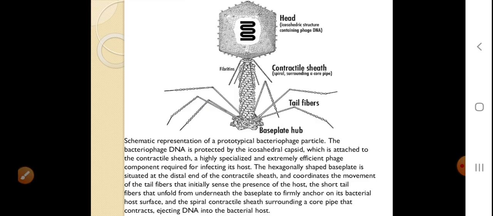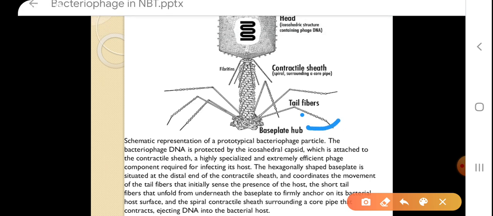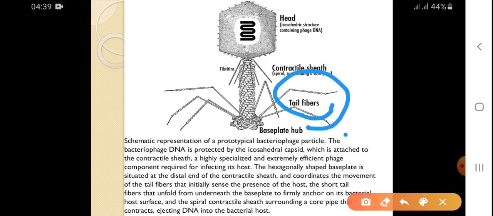Now coming back to this again, you have the bacteriophage lambda, which harbors a double-stranded DNA within. It is protected well by a capsid coat. The basic steps: these are the tail fibers which are used to adsorb to a host.